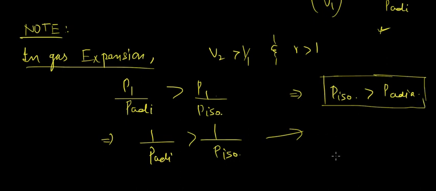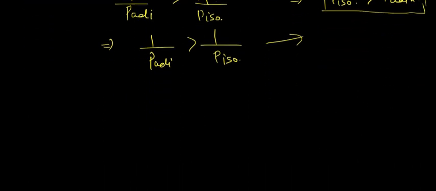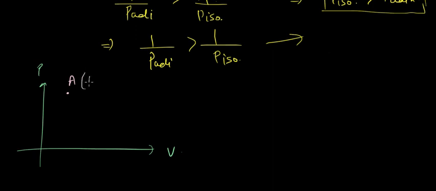Okay, and the graph of the same will look like this. We have P and V graphs here. So let's say they start from point A and begin gas expansion. So isothermal would reach this point and adiabatic would go along this path or this trajectory.